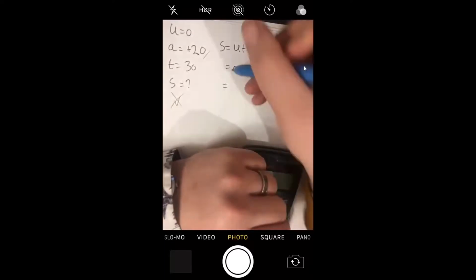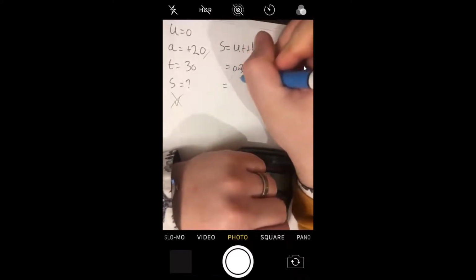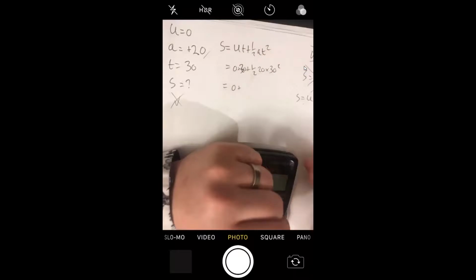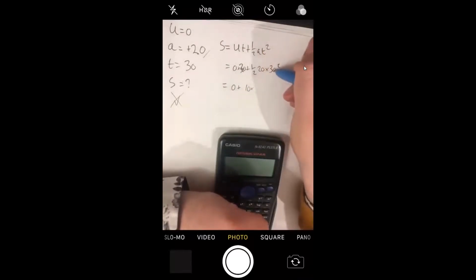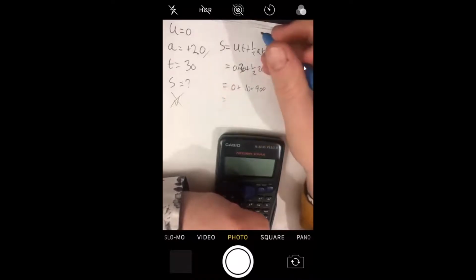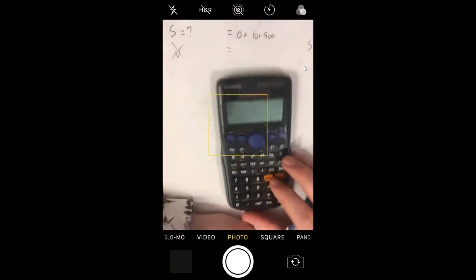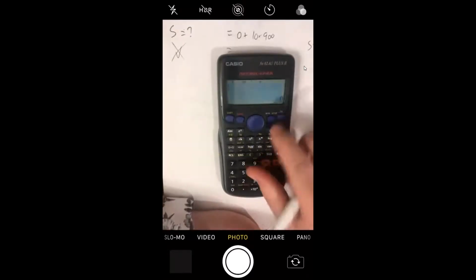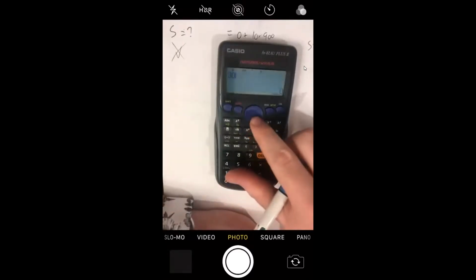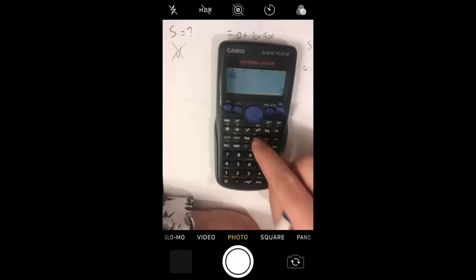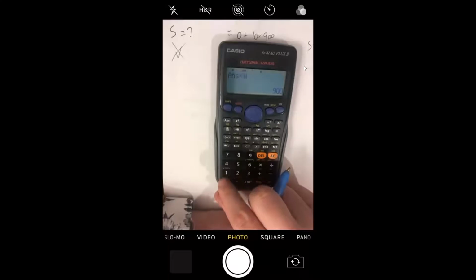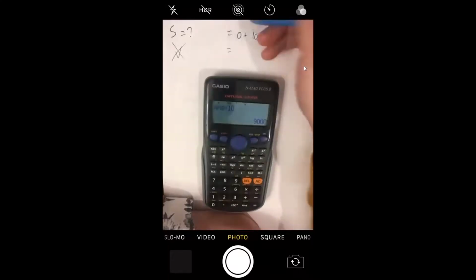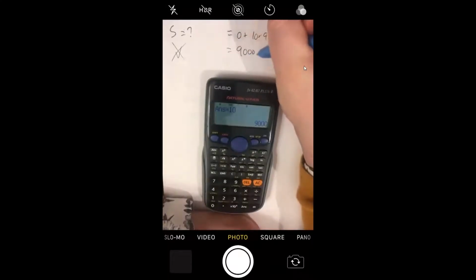Sorry, technically this t is going to be 30, but 0 times 30 is 0. We have 0 plus 10 times 30 squared, which is going to be probably 900. Right? Surely, yeah. Maybe 9,000. 30 squared times 10, 9,000. 9,000 meters.